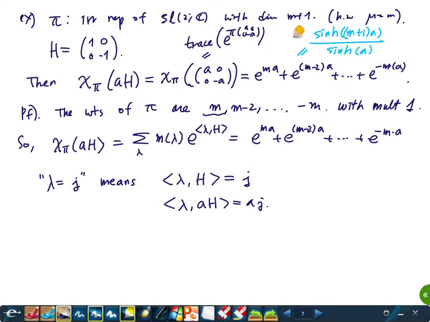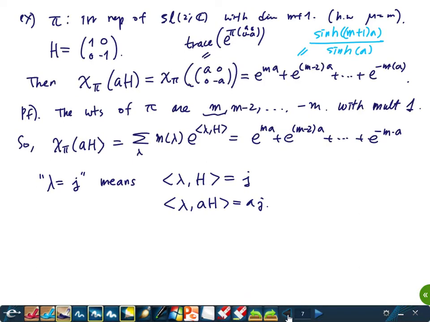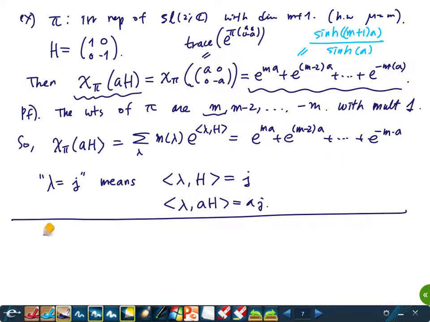Okay, so how can you prove this? Let me erase this part. So the character is computed in this way, but let's see what happens if we multiply e to the a minus e to the minus a to chi pi, because we want to show this.